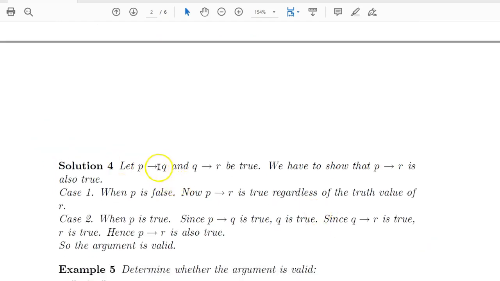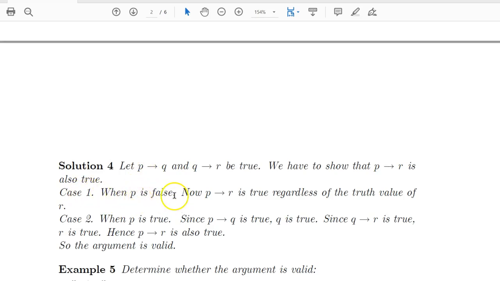Let both premises be true: if P then Q, if Q then R. We have to show that the conclusion if P then R is also true. We consider 2 cases. The variable P is either true or false.